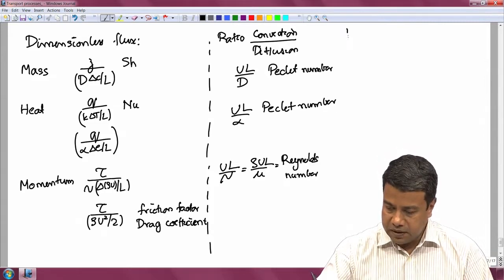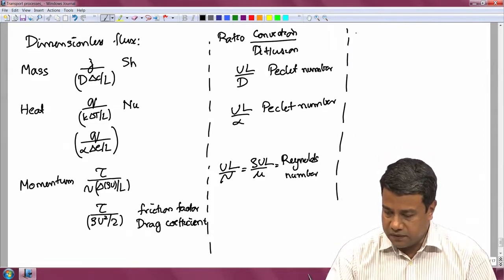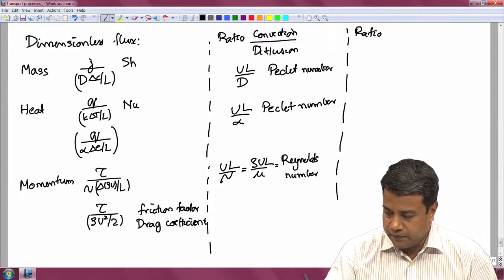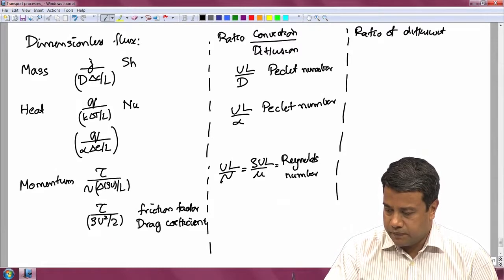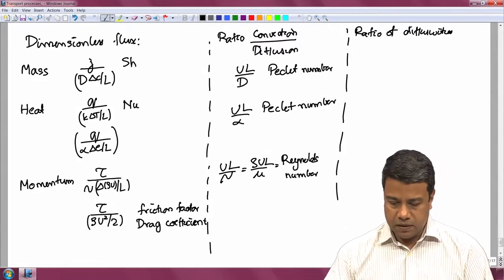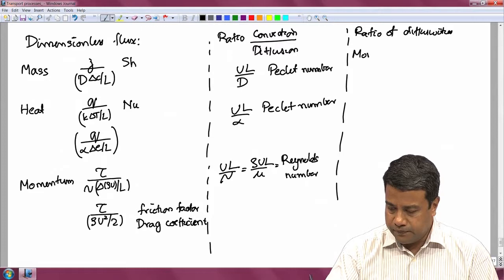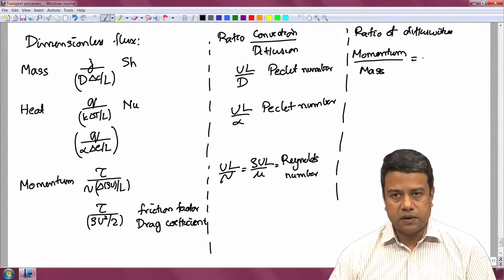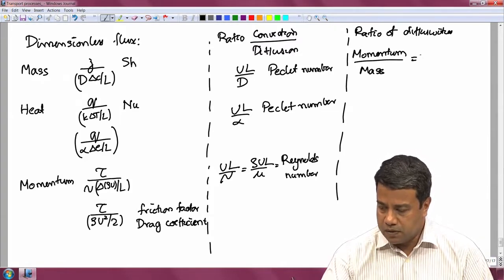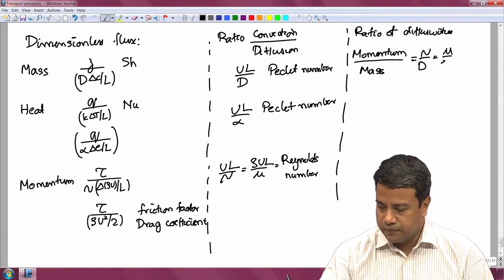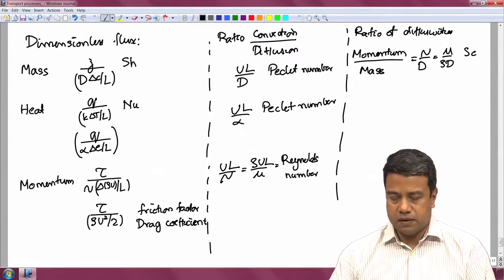And then of course, you have the ratio of diffusivities. Momentum by mass diffusion is equal to nu by D, which is a Schmidt number.